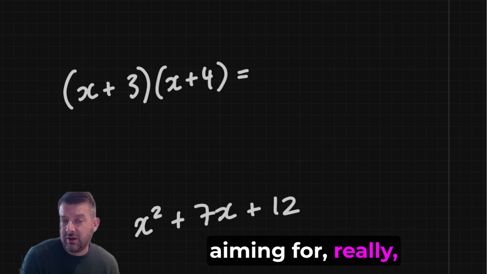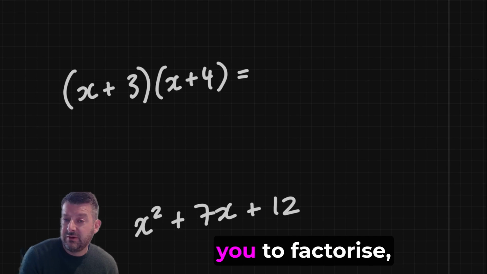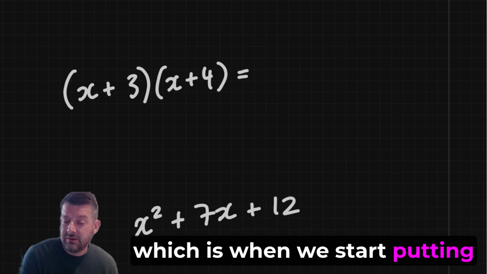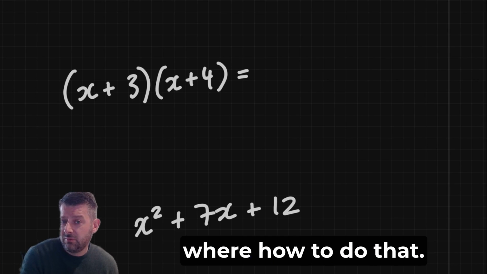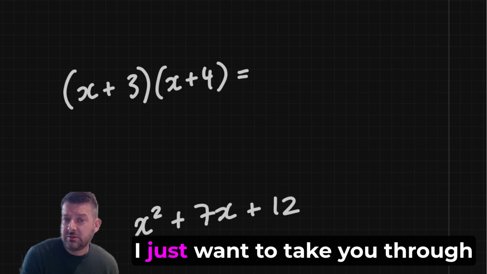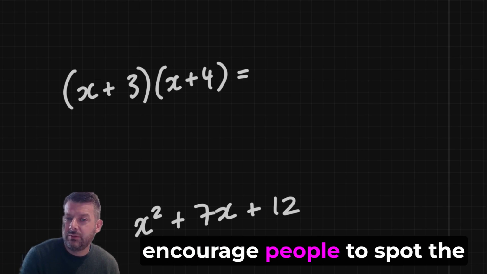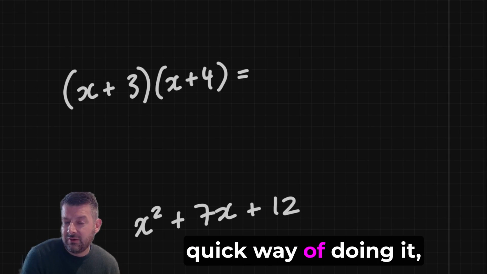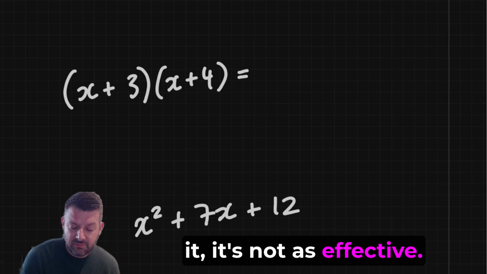And that's what you're aiming for, really, because when you can do that, it's quicker, but also it will help you to factorize, which is when we start putting these back into brackets. So I'm not going to tell you how to do that. I just want to take you through how I'd normally teach it, and I'm always trying to encourage people to spot the quick way of doing it, but without being told. I think if you're told how to do it, it's not as effective.